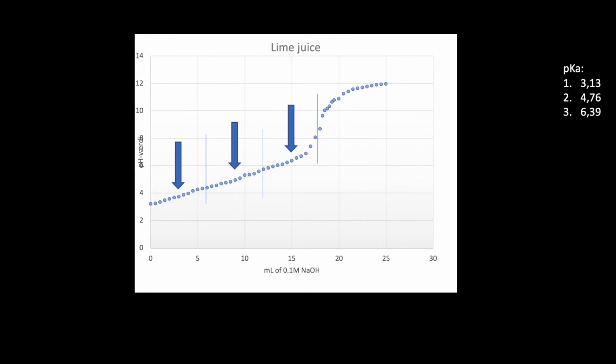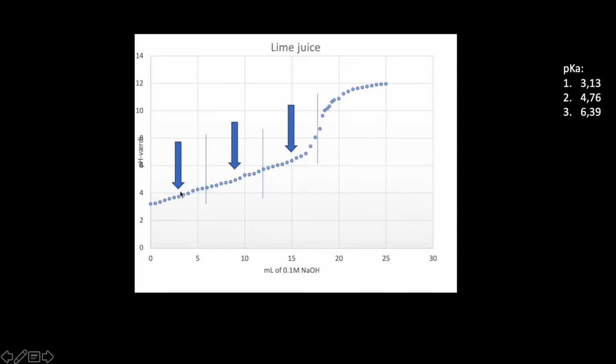One of the other arguments you can use to say that there is citric acid in lime juice is by looking at the pKa values. If you look at the different endpoints, I have made them here by making some lines. To find the pKa, you need to go halfway through that, and when you go halfway down, you get the pKa value.